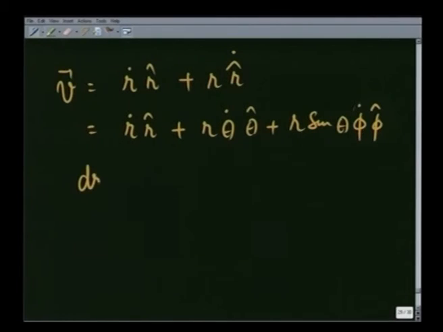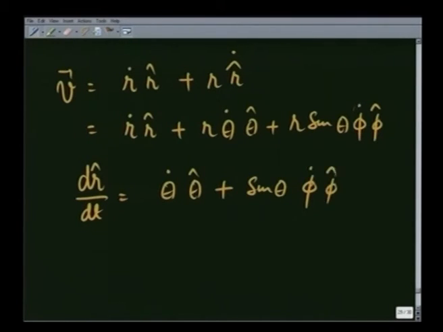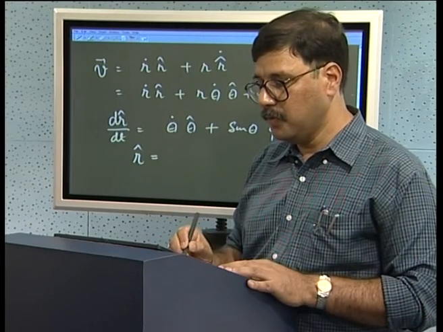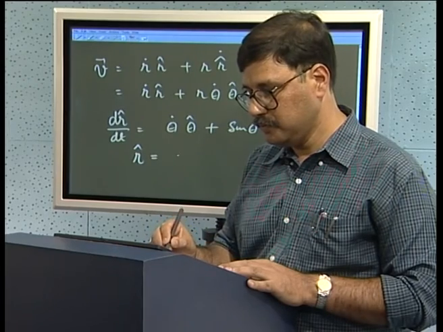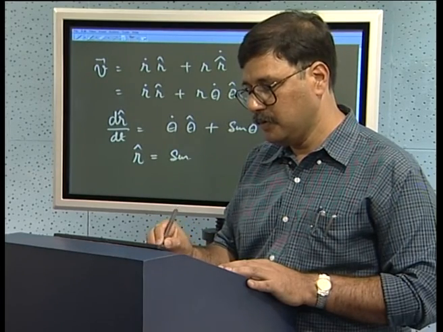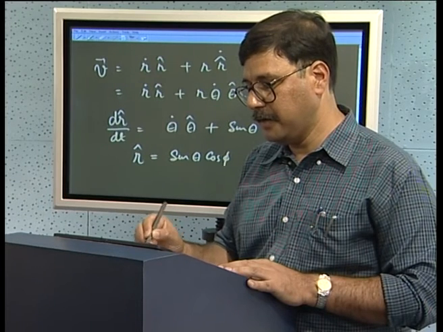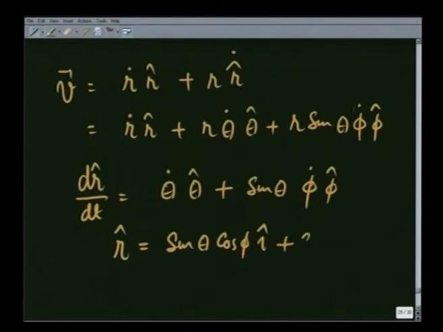Let us see whether this, which we derived to be theta dot theta plus sin theta phi dot phi, can be derived directly from the definition. r was equal to sin theta cosine phi i plus sin theta sin phi j plus cosine of theta k.